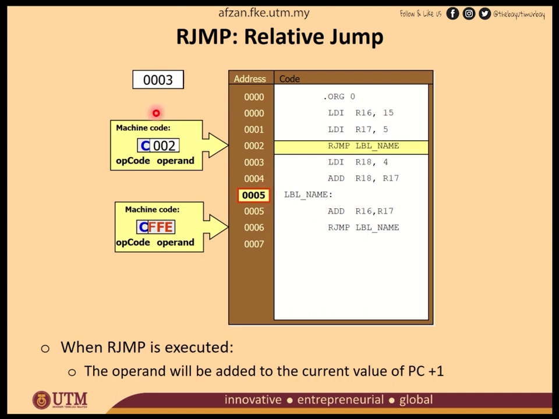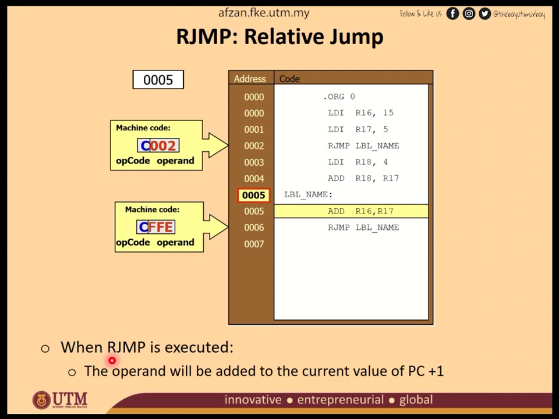So that's why here you see 003 plus 002, and it produces 005, and then the program counter goes to this program address. The way the microprocessor gets the address is different between JMP and RJMP, but it produces the same branch or jump, directly to that location.